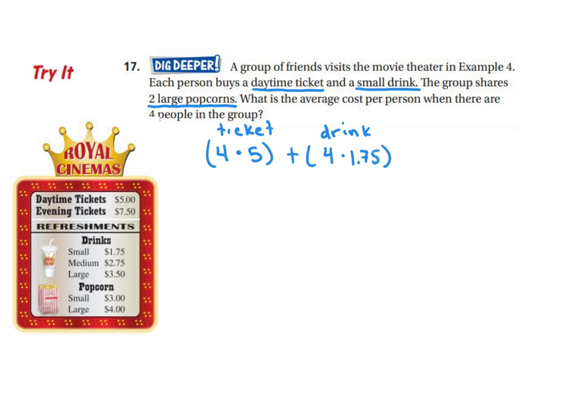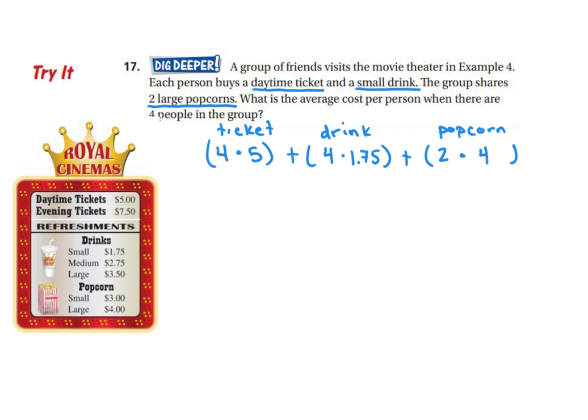The group shares 2 large popcorns. So in this case, large popcorns are $4. They're going to buy 2 large popcorns, so 2 times 4.